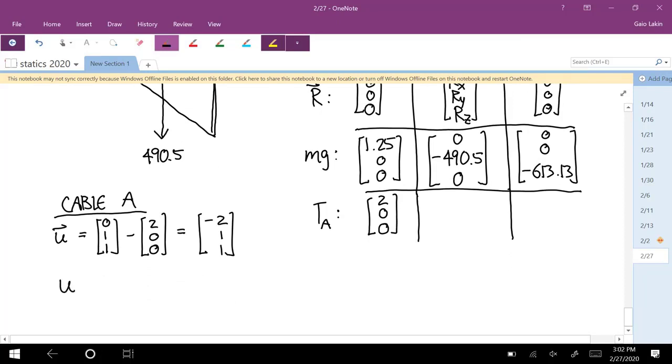A unit vector in that direction, if you're lucky your calculator does that for you, is negative 0.816, positive 0.408, positive 0.408.